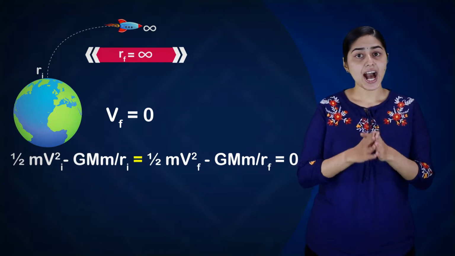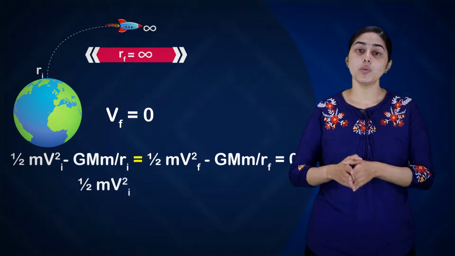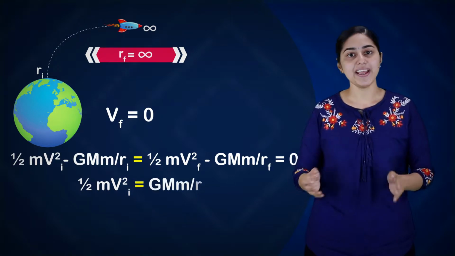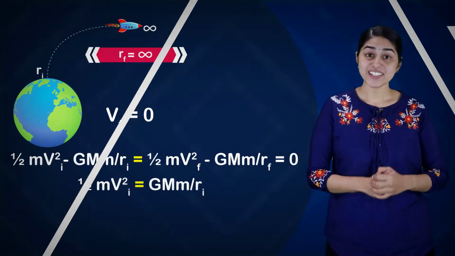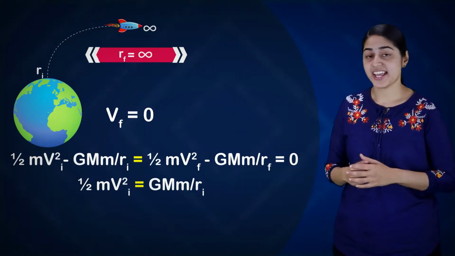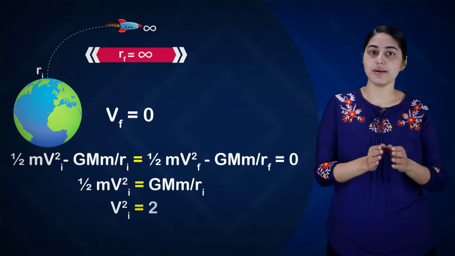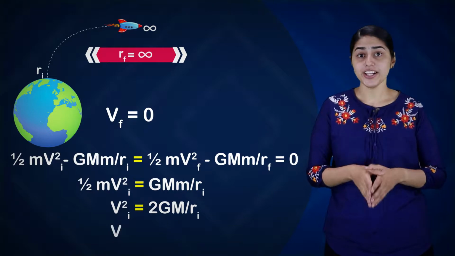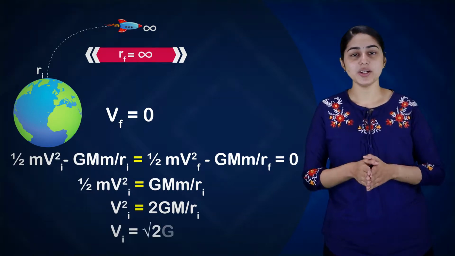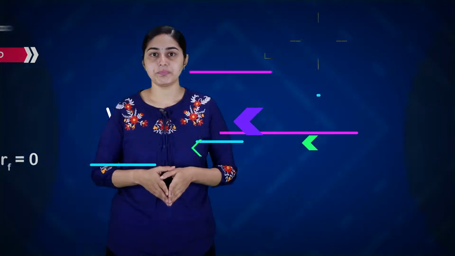Therefore, we get half m vi squared is equal to GMm divided by Ri. On cancellation of m on both the sides, we have vi squared is equal to 2GM divided by Ri, or Vi is equal to square root of 2GM by Ri.